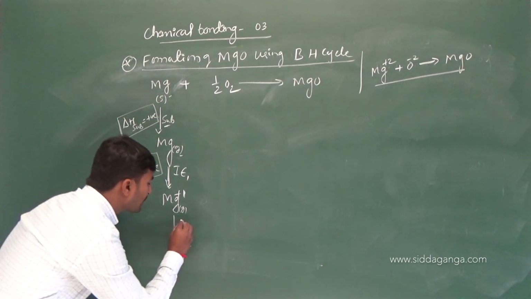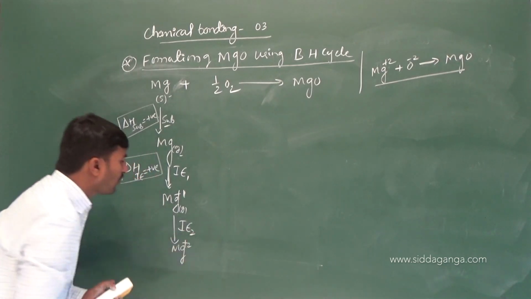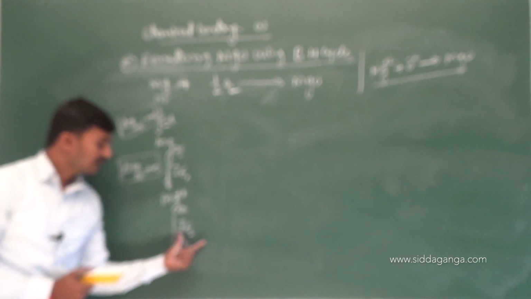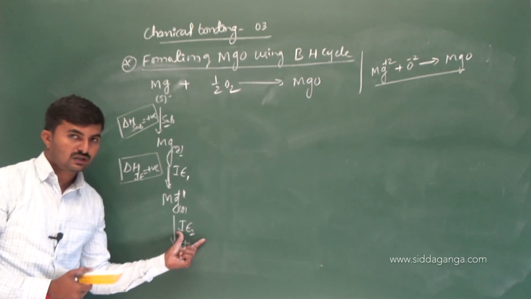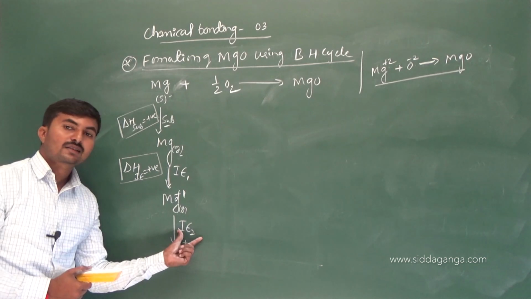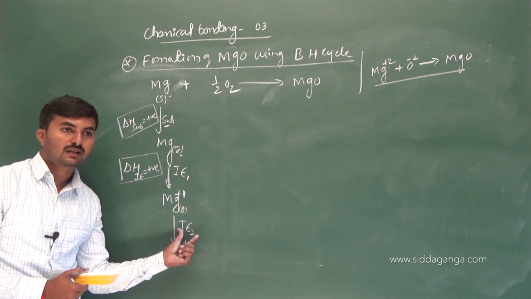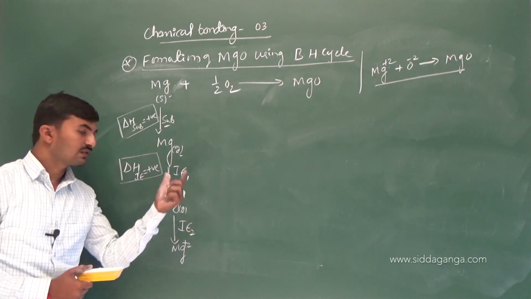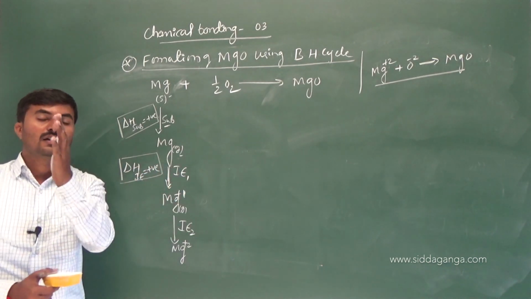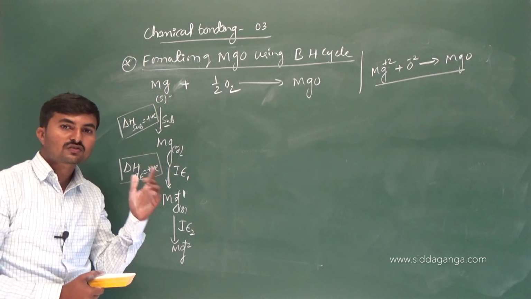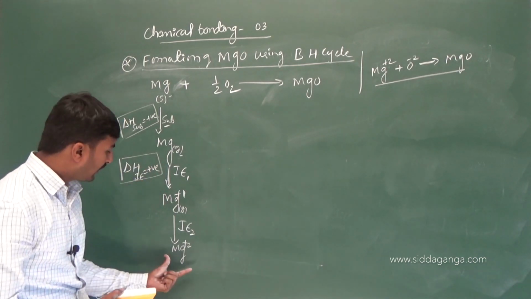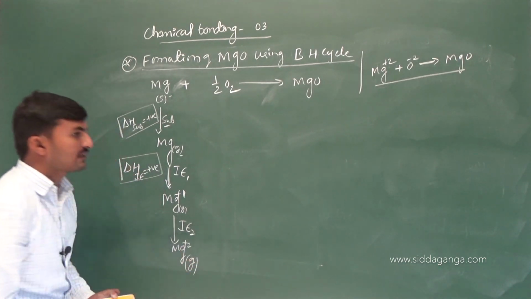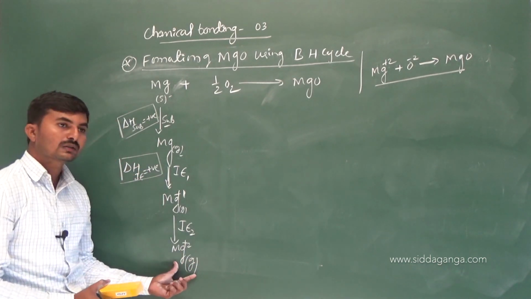The energy required for the removal of a second electron from this magnesium cation is the second ionization energy. These energies are called successive ionization energies. Okay, ionization energy 1, ionization energy 2, ionization energy 3, if energies keep coming like this, they are called successive ionization energies. Okay, here we had prepared the magnesium cation in its gaseous state. First thing is clear.